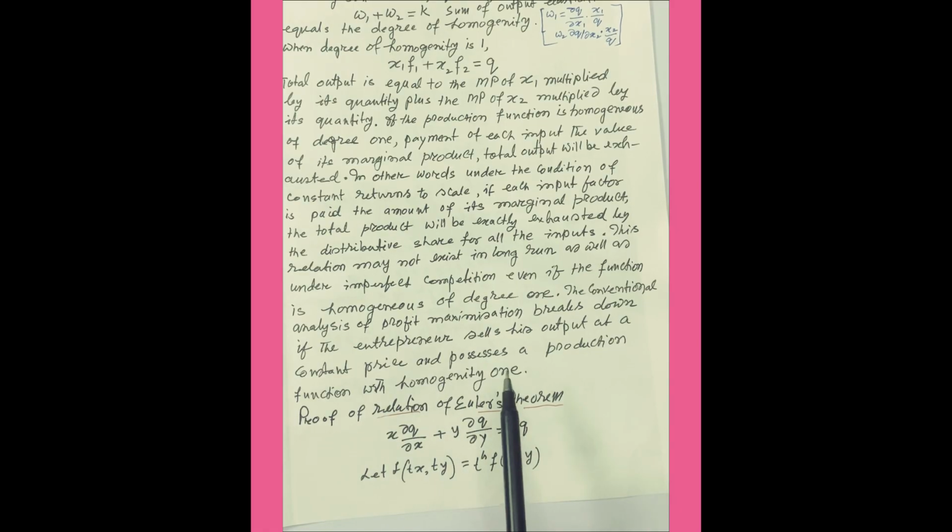So if the producer sells his output at a constant price, then also it will not work. So there are three different points: selling at a constant price, imperfect competition, and the long run. Under these three situations, Euler's theorem may not work.